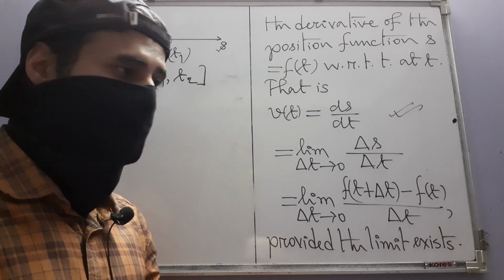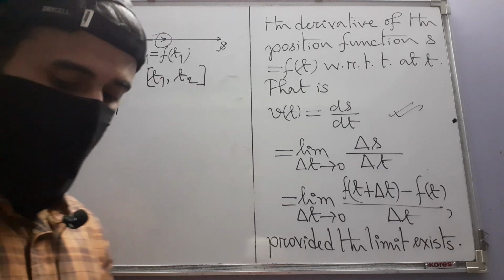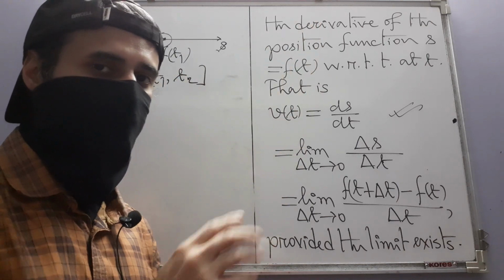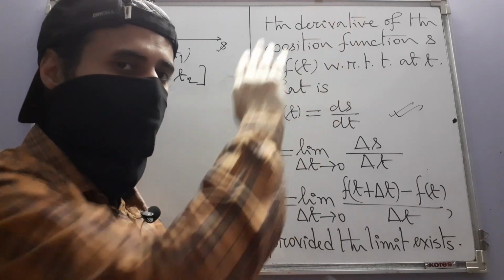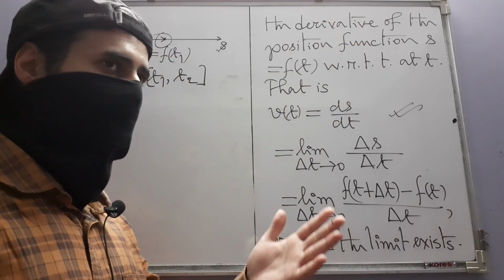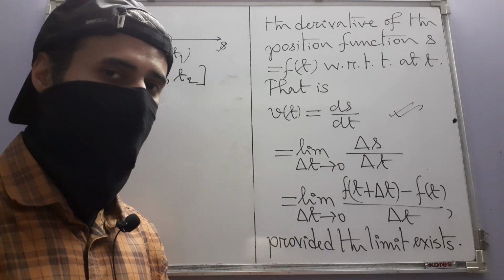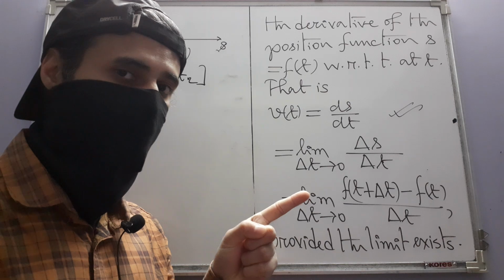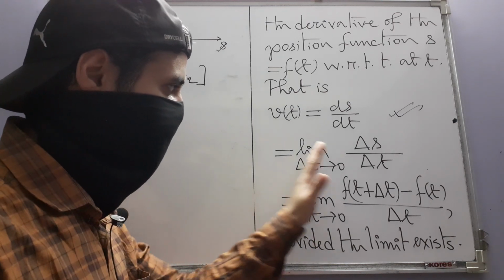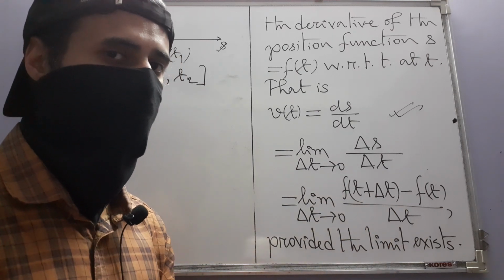But if you do it in a plane or in space, say your motion is quite complicated, it's along a space curve like this, then the position vector will change in whatever direction it can change. There also you can calculate average speed and average velocity like this, and there also you can take a limit, but that cannot be handled by this simple notion of limit.